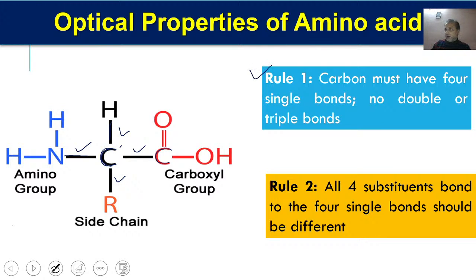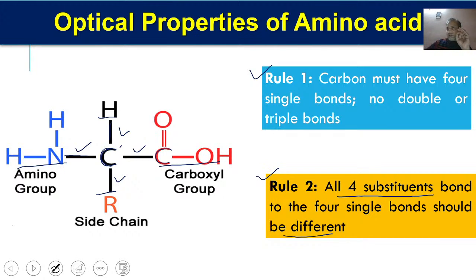Fine. Now the second rule is all the four groups, four substituents associated with those four single bonds, should be different. Like this H is different from this amino group, this amino group is different from this R group, and this is different from the COOH group. So when four different groups are linked there, it means this compound is going to follow my second rule also.